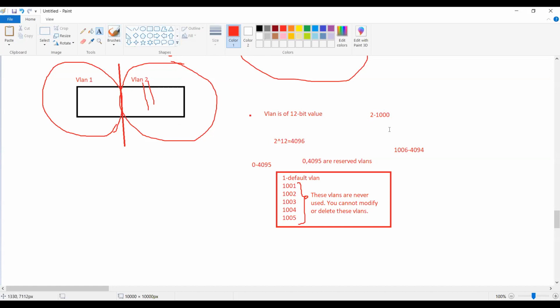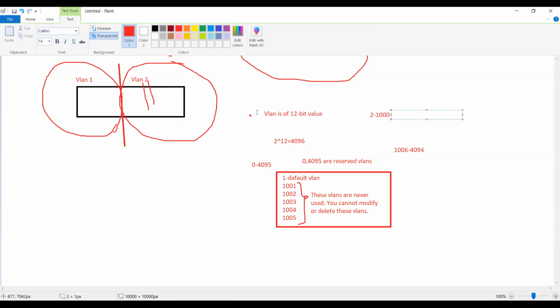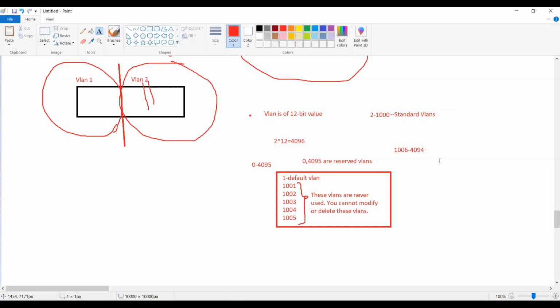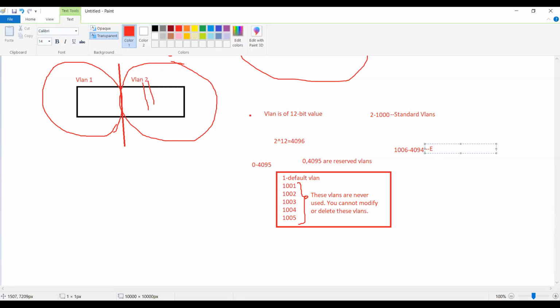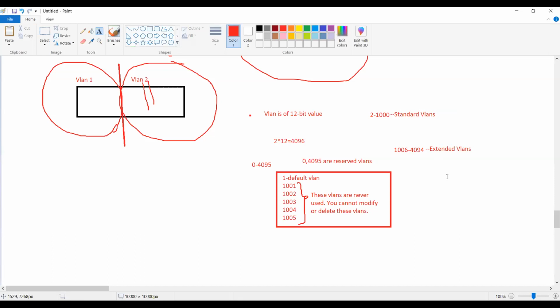So this range is called standard VLANs, and the other is called extended VLANs. So this is all about the classification of VLANs.